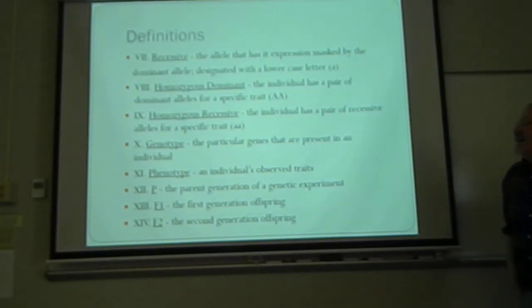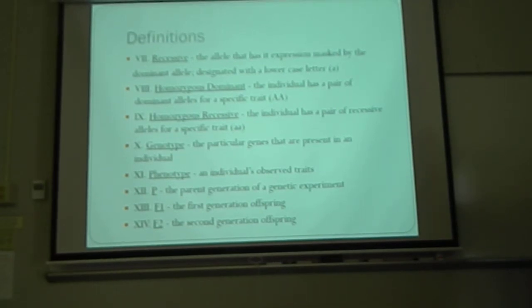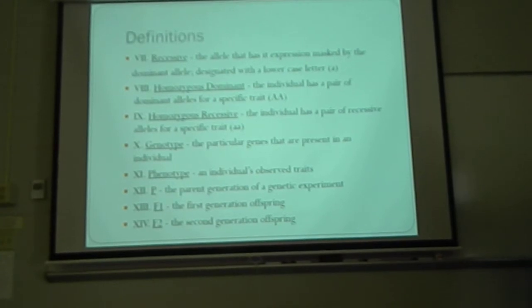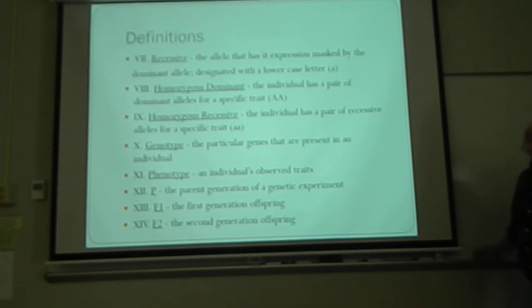That's the allele that, if they're in a heterozygous condition, is masked by the dominant allele. And it's designated with a lowercase letter. So if we look back at heterozygous, it had a dominant and a recessive allele.